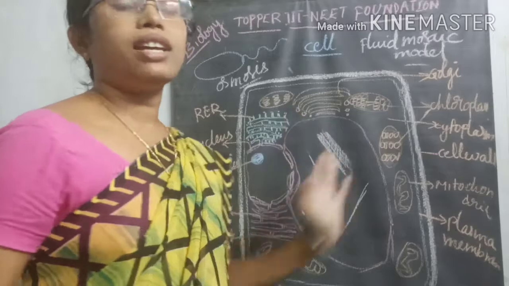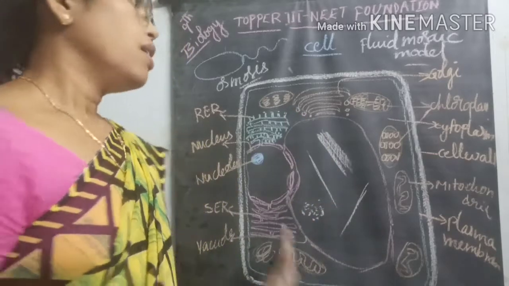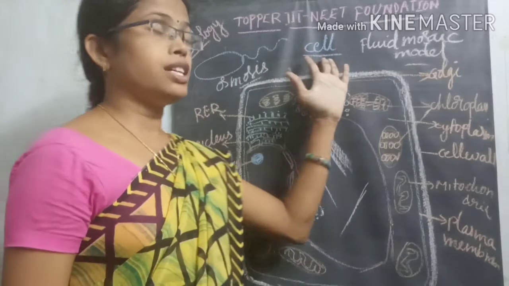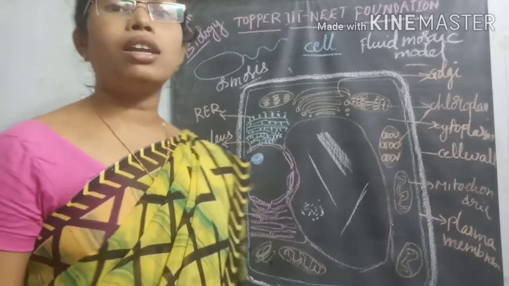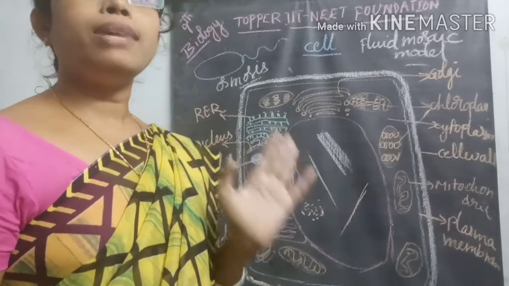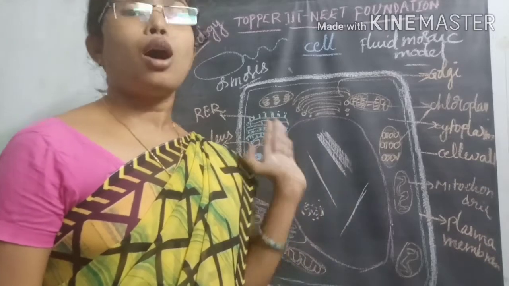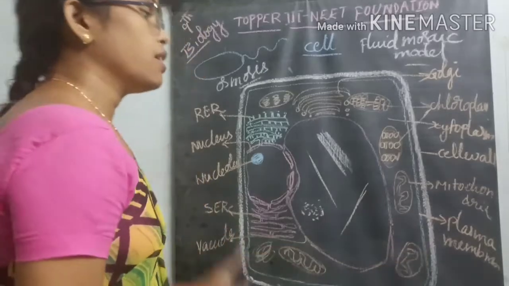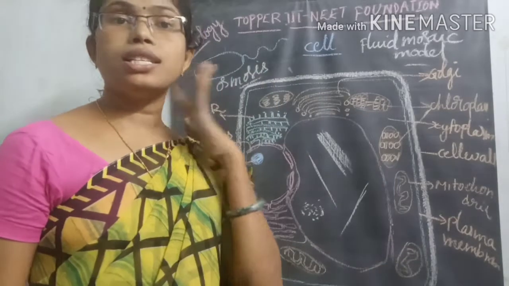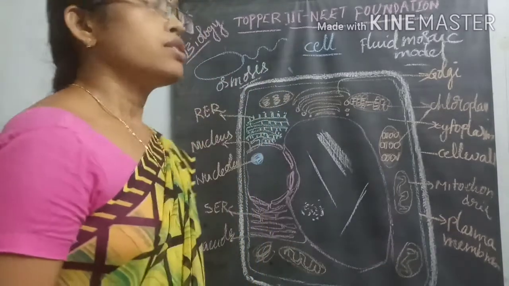The outermost layer present outside the plant cell is called the cell wall. I already told you, in animal cells the cell wall is absent. Only in the plant cell is the outermost layer covering the cell called the cell wall.